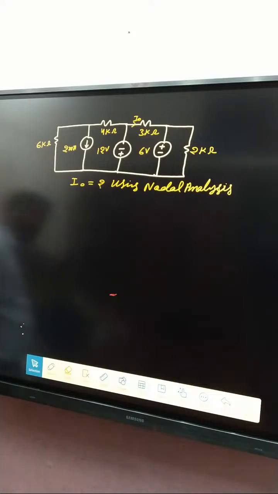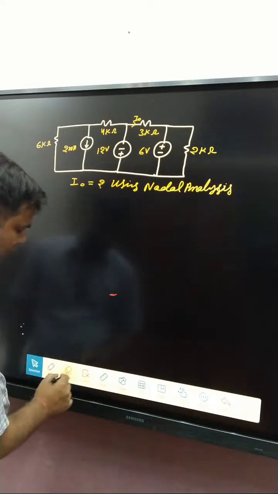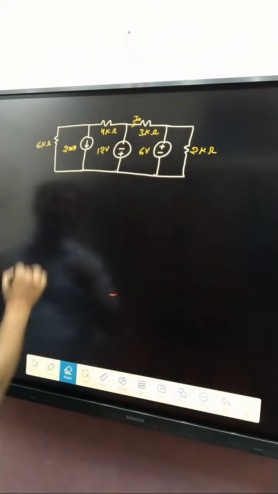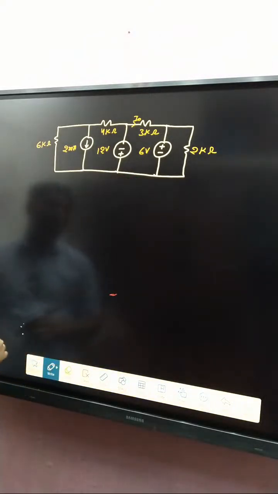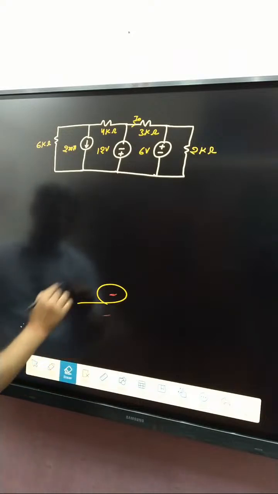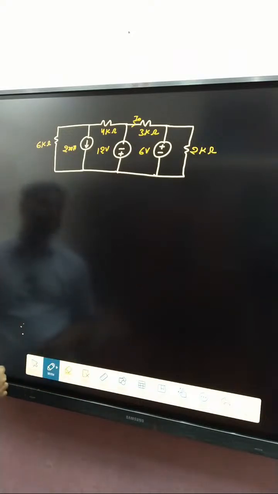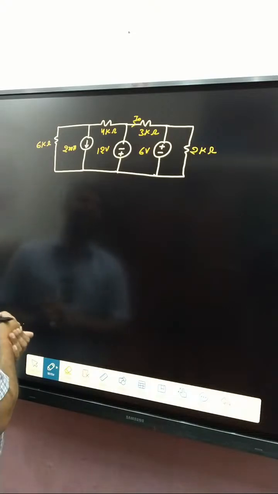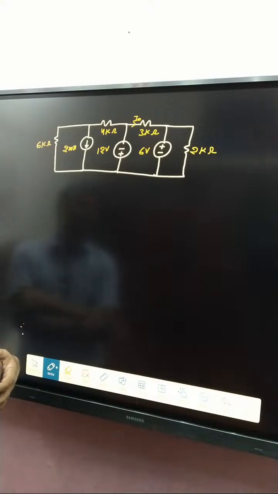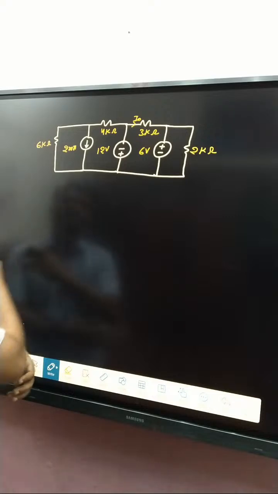Everyone trying? Now look here. What is our motto? Our motto is to determine that current. According to nodal analysis, first step, branch currents.